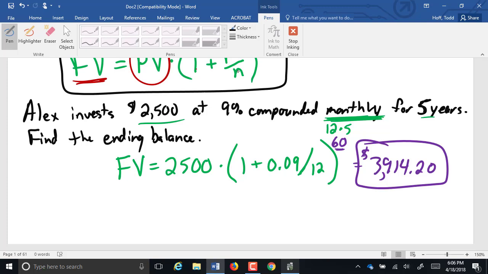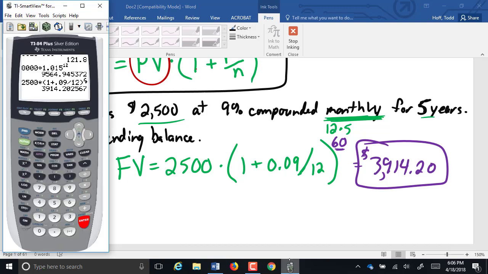What do you think? Not too bad? Did you get it to work? Yep. So 2,500 times, open parentheses, 1 plus 0.09 divided by 12, close parentheses, to the power of 60. $3,914.20.